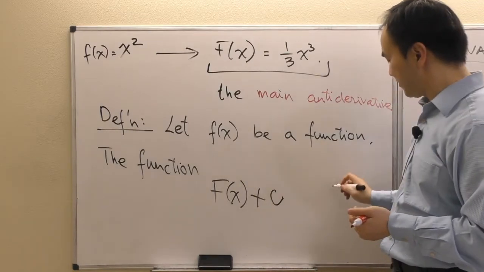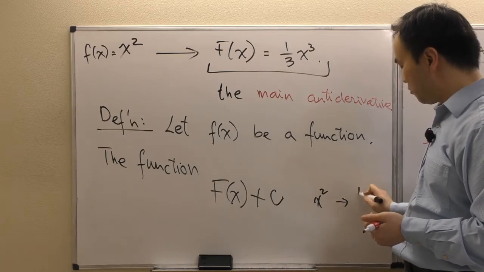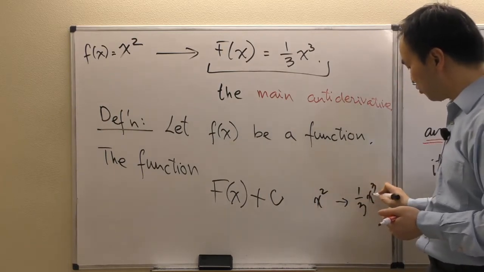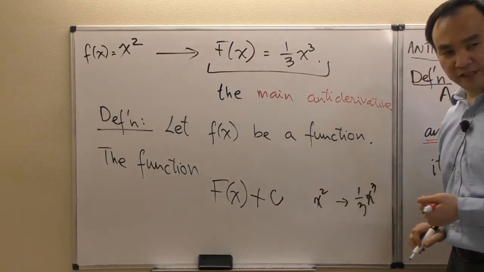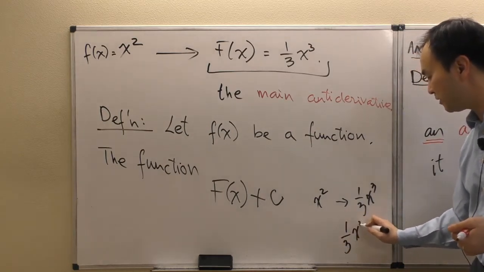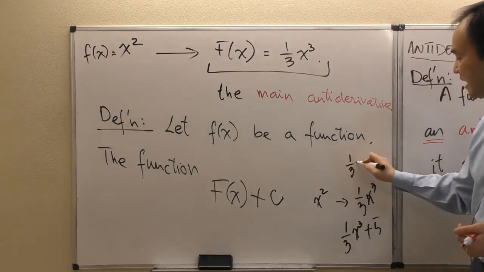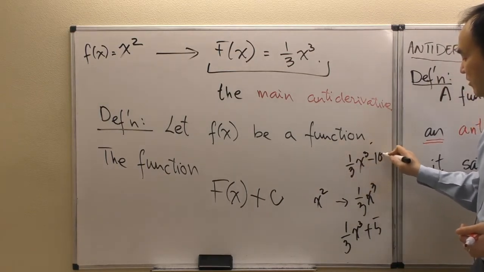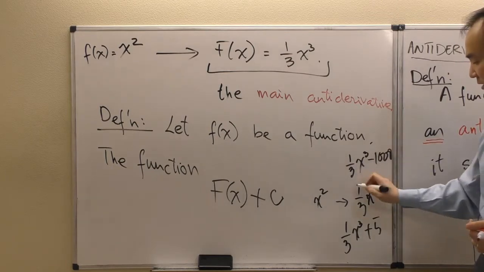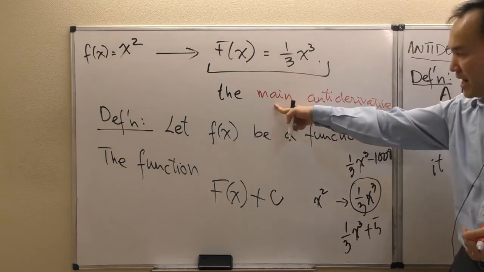So you see, earlier when I was doing scratch work, x squared gives me 1/3 x cubed as one of the antiderivatives, and also 1/3 x cubed plus 5, and also 1/3 x cubed minus 1,000. I now call that particular distinguished guy the main antiderivative.